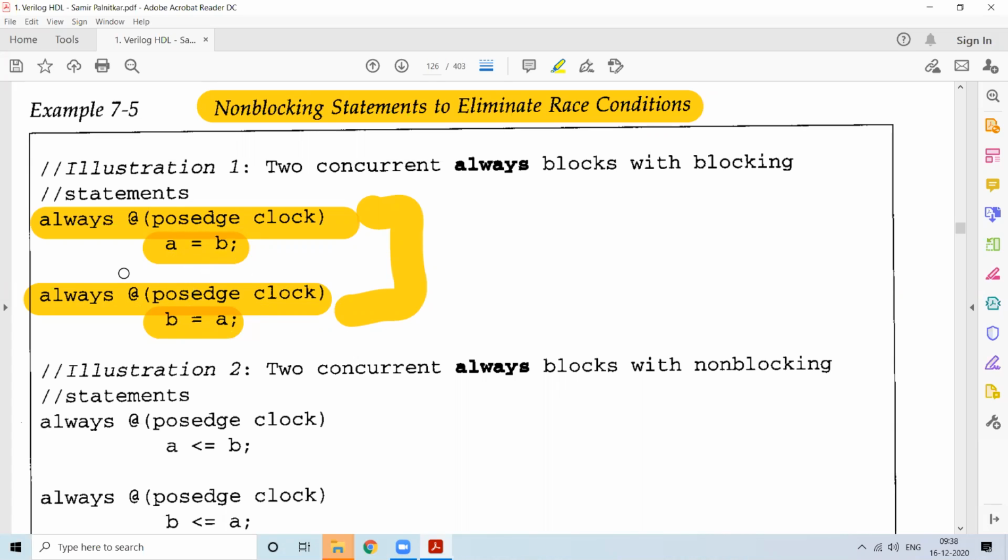Here, my main motto was to interchange the values of A and B. That cannot be done here. When you're using blocking assignments, that is not easy to achieve. If you want to achieve it, you have to use, say, a temporary register and put some delay specifications, and then you interchange them.